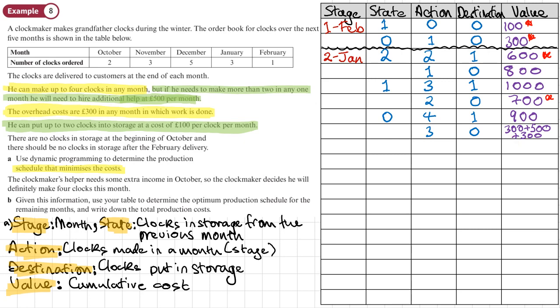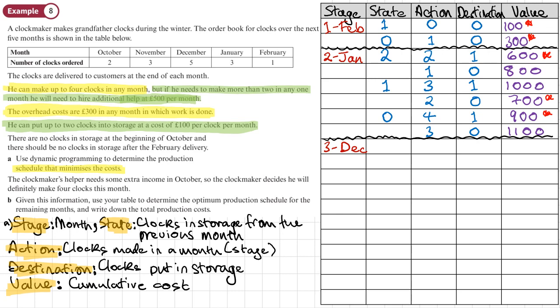So we'll just put that in, 1,100. Right, there aren't any other options in this state, and I'll take my lowest cost, which is going to be 900. So now I will move on to the next stage, stage 3, which is December.